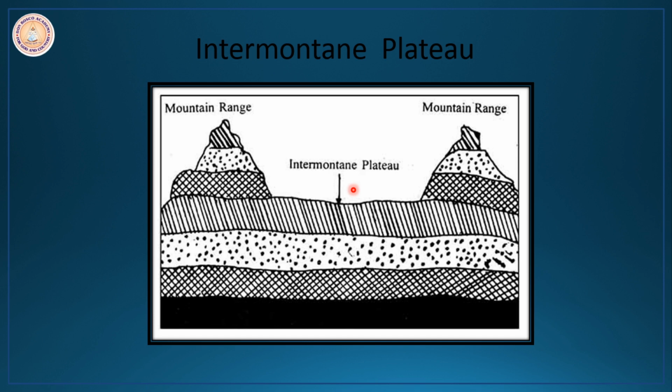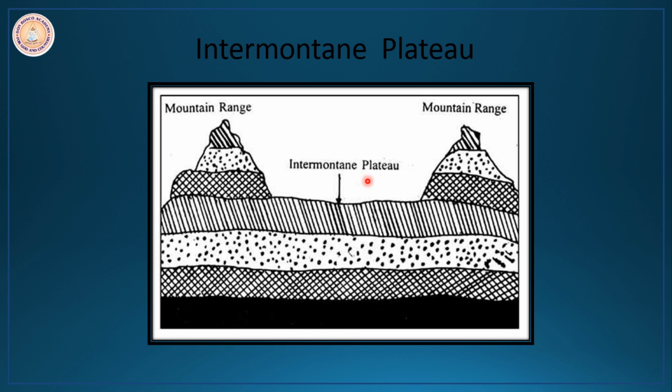These Intermountain plateaus are the highest and most extensive plateaus in the world. We can see them over here, that they are always found in between two mountains. From this diagram you can understand.